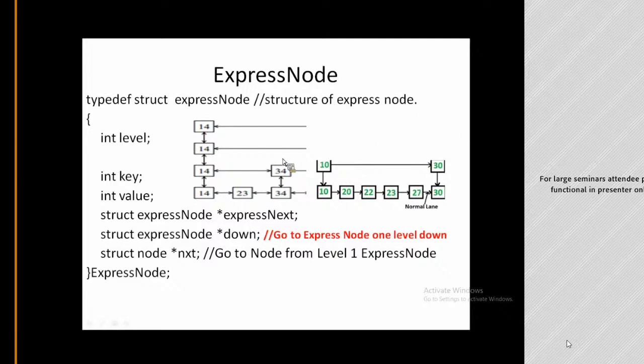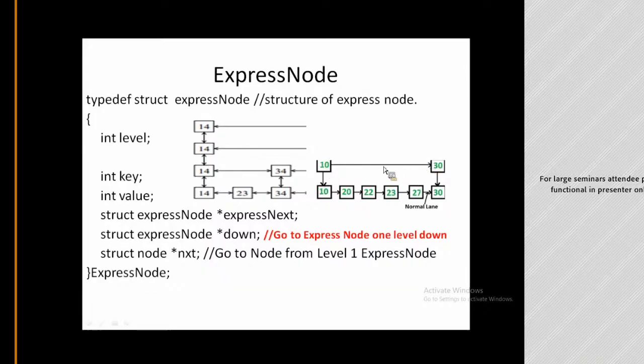What are those multiple layers? Okay, thanks. Multiple layers, Rohan. See, in this diagram, there was a normal lane, and on top of that, there was one express lane.